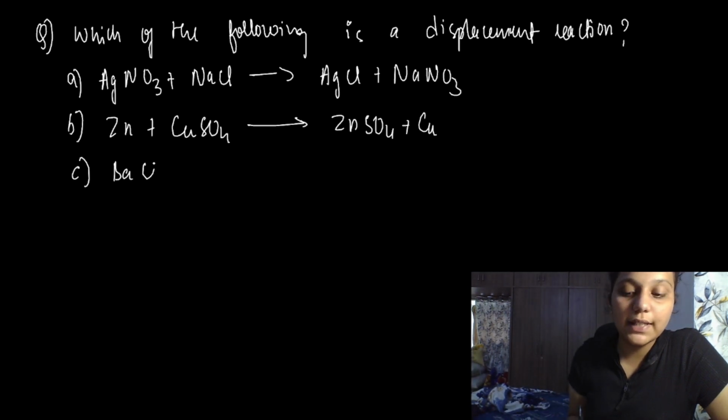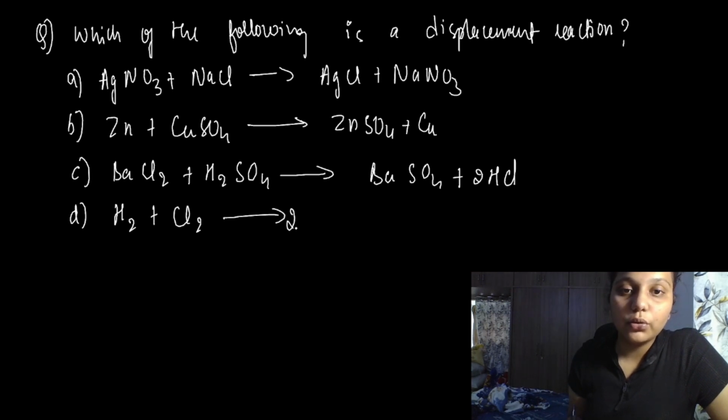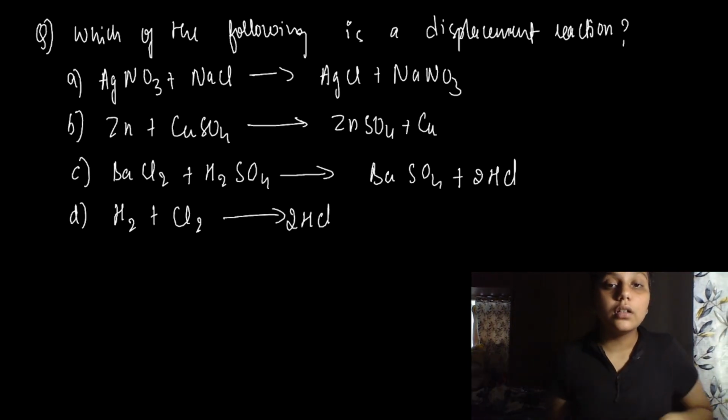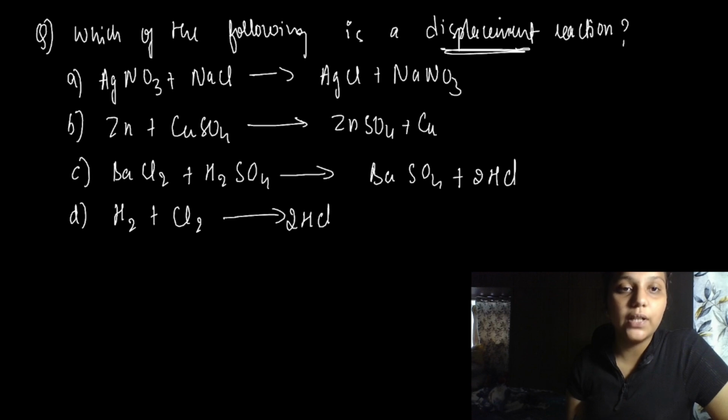C: BaCl2 plus H2SO4, we get BaSO4 plus 2HCl. And option D is H2 plus Cl2 giving 2HCl. Okay. So here you can observe we are talking about displacement reaction, which is single displacement reaction.